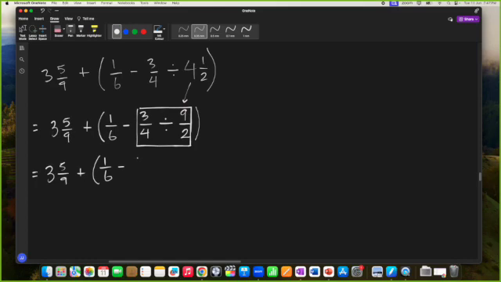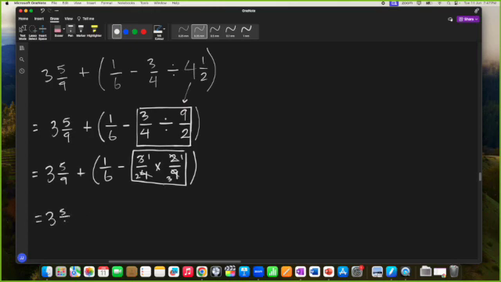So this will be 3 over 4 multiplied by 2 over 9, because I flipped the divisor. So I'm doing this first, right? So you could see 2 into 2 is 1, 2 into 4 is 2, 3 into 3 is 1, 3 into 9 is 3. So what do we have?